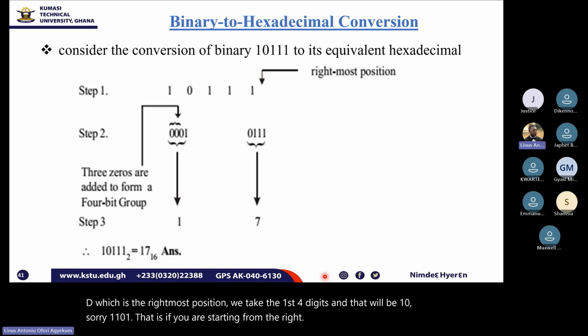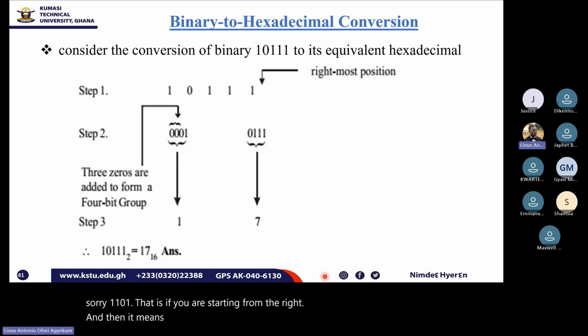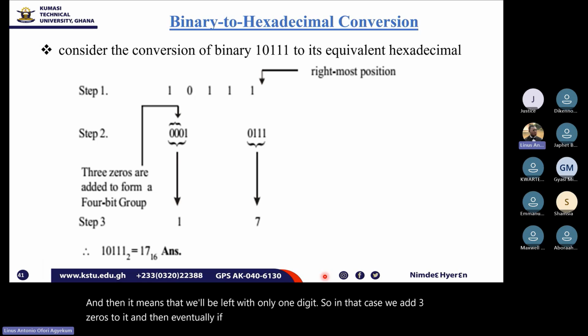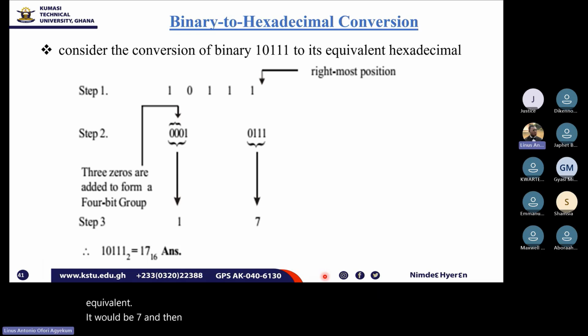And then it means that we'll be left with only 1 digit. So in that case, we add 3 zeros to it. Then if we convert that binary into its hexadecimal equivalent, it would be 7, and the other one would be 1.